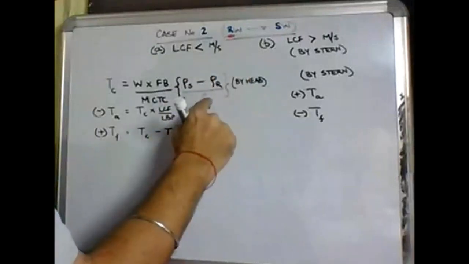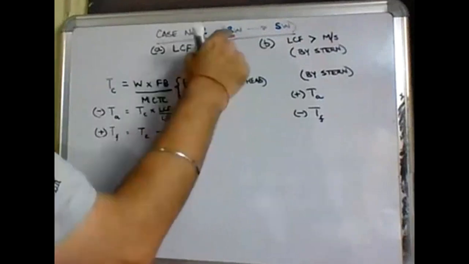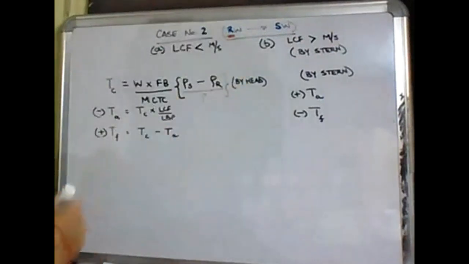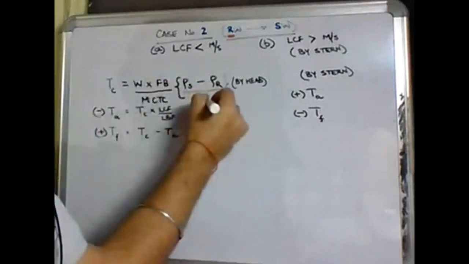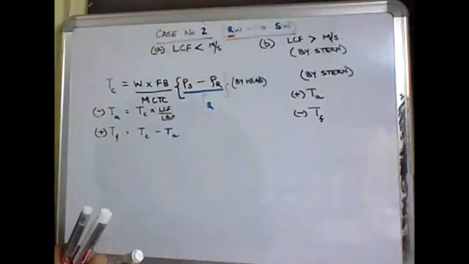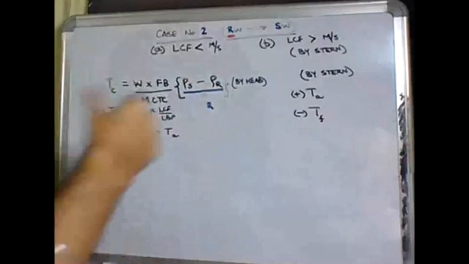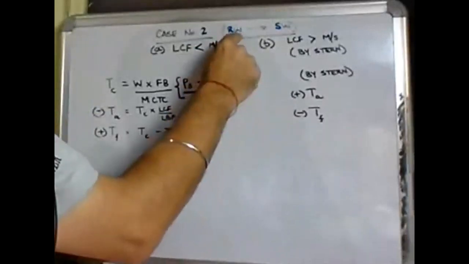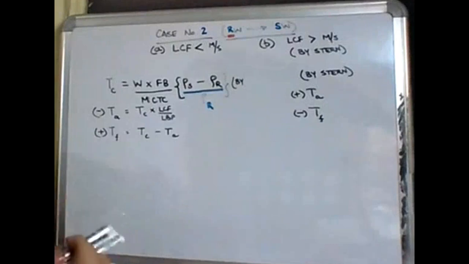Only thing which will change is my density in the denominator. My initial density is R, so rho R. Is this okay? And since I'm going from river water to sea water, there will be a mean rise happening.